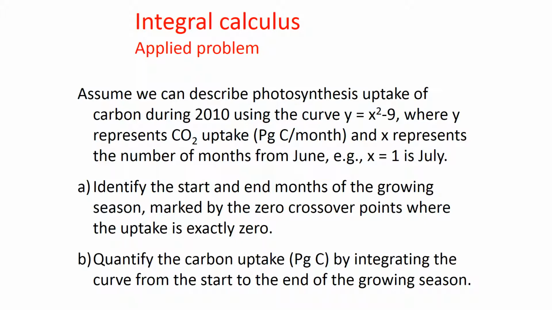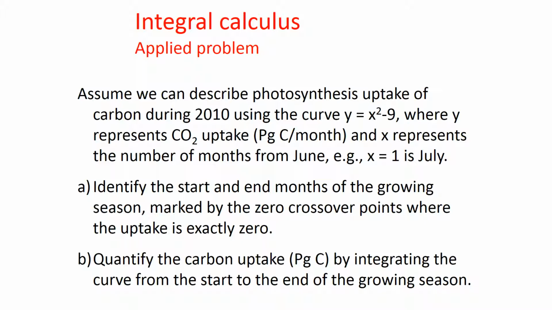Now, the last part of the question is to quantify the carbon uptake by integrating the curve from the start to the end of the growing season. So what we want is to know that area.